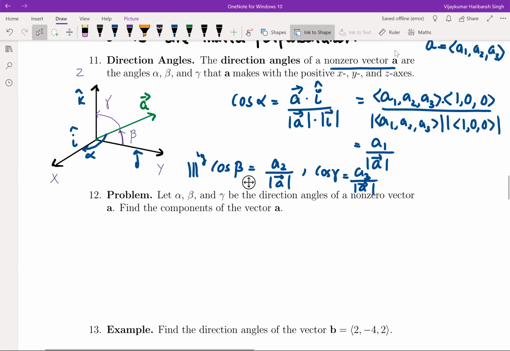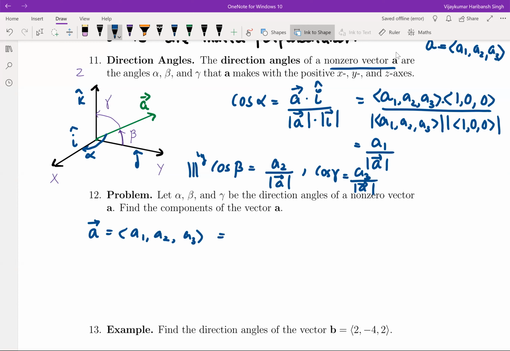Now, notice the following. So let alpha, beta, and gamma be the direction angles. Find the components of vector A. So clearly from here, you can see that the components of vector A are given by A1, A2, A3.